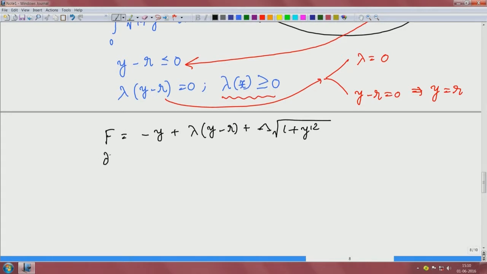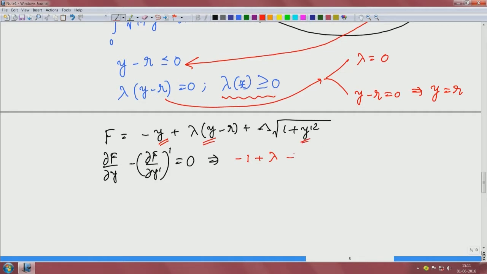Now, what I want to write is dou f by dou y minus d by dx of dou f by dou y prime equal to 0. That means, if I want dou f by dou y, y is over here, that gives me minus 1, but also get y there. So, I will get plus lambda, okay, minus 1 plus lambda, and that is it, there is no y, there is y prime here.